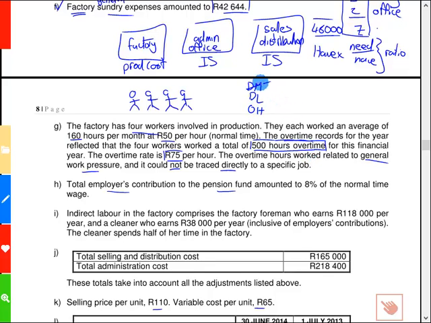Well, we know it's not materials, it's laborers. Okay, so it's either direct labor or it is overheads. Right. They each worked an average of 160 hours per month at 50 Rand per hour. That's normal pay for normal work done on a finished product. So what do you think that would be? Direct labor or overheads?